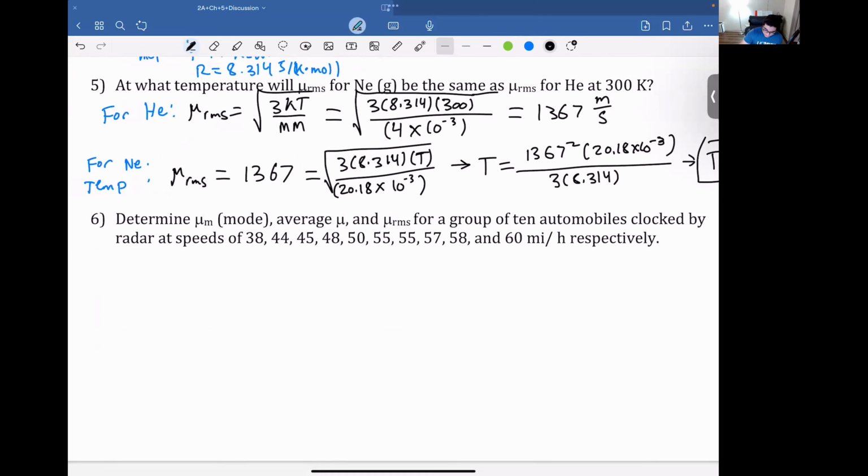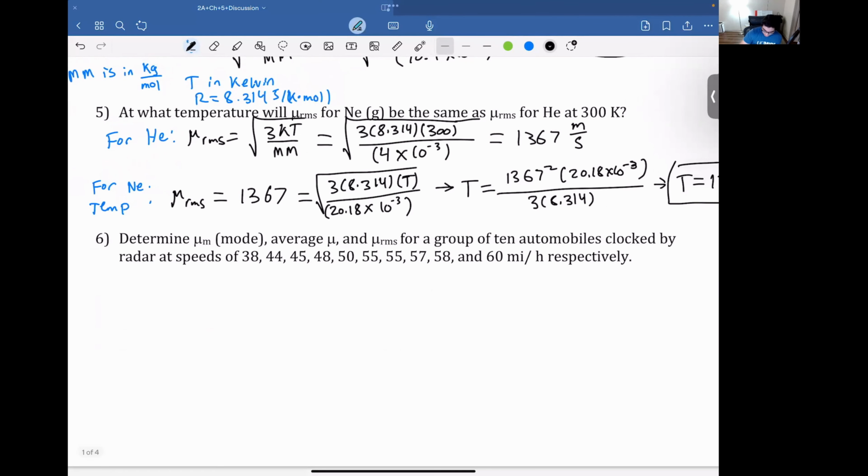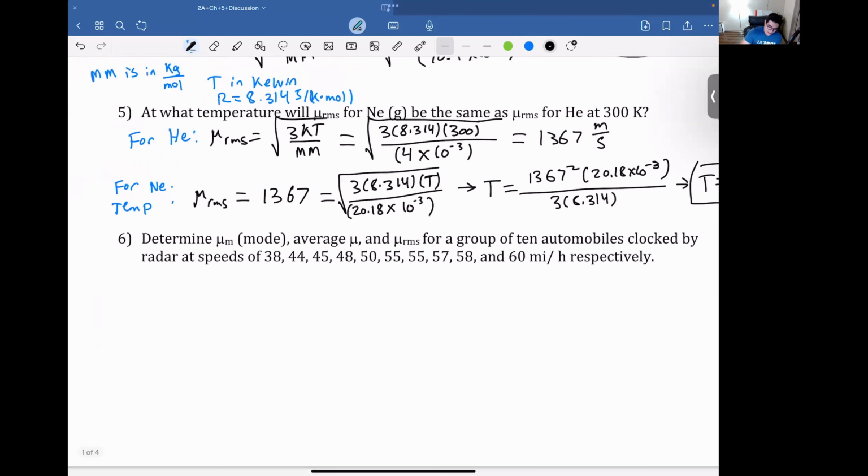Then it says determine the mode, the average, and the root mean square for a group of 10 automobiles clocked by radar for their speeds. The mode is just the thing that comes up the most. We see 55 comes up the most, so it's 55 miles per hour.